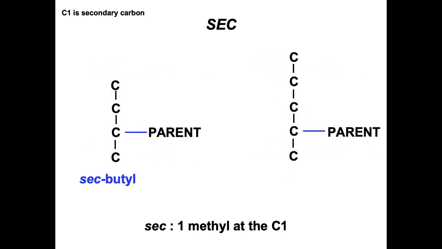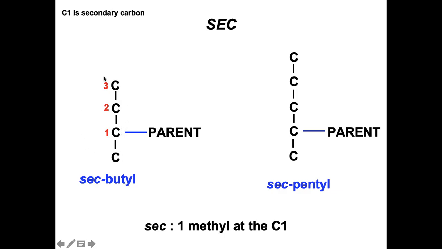Another way of representing sec, it's not always from this side. You can have a vertical order. So sec-butyl. This is carbon number 1. Always start counting the number of carbon from the bond that is attached to parent. So this is carbon number 1, carbon number 2, carbon number 3.